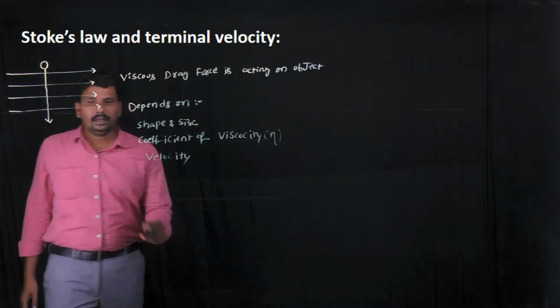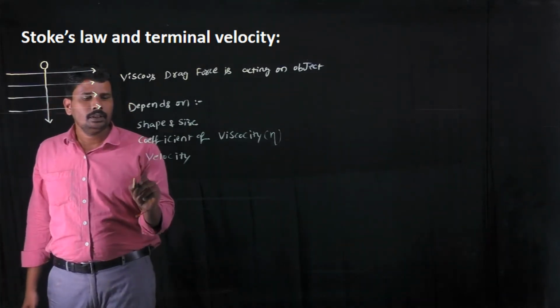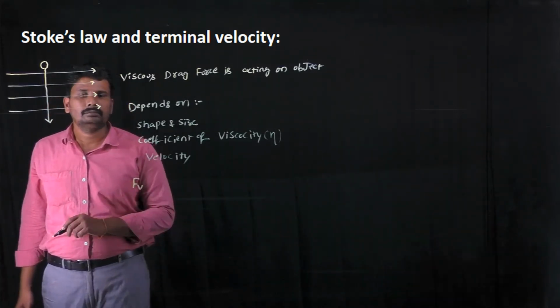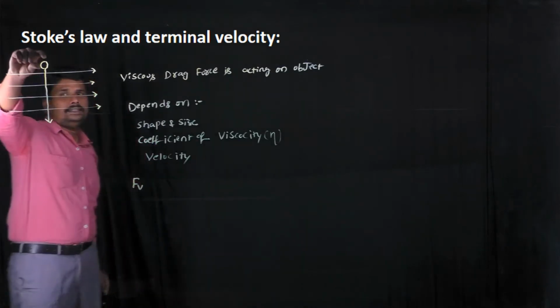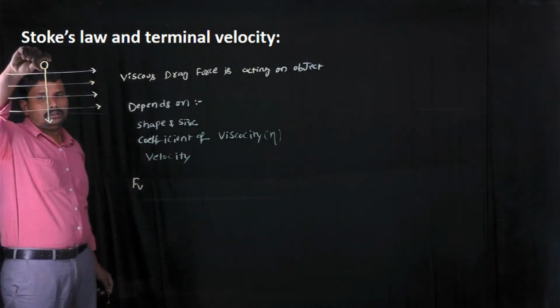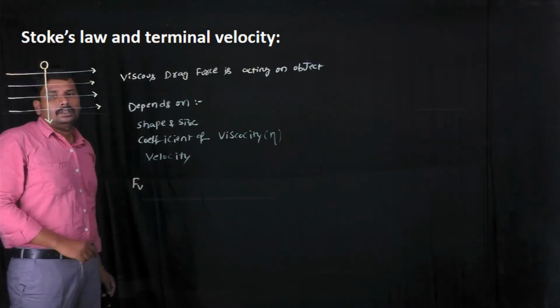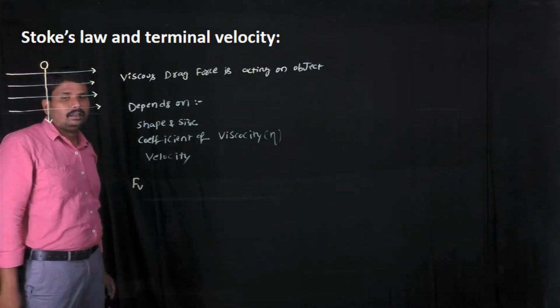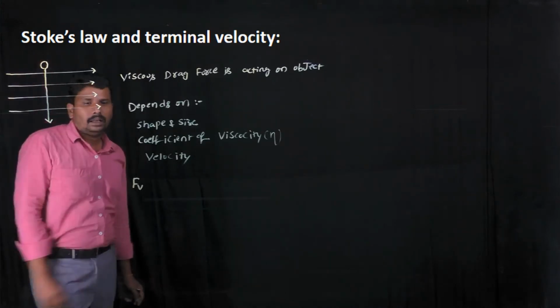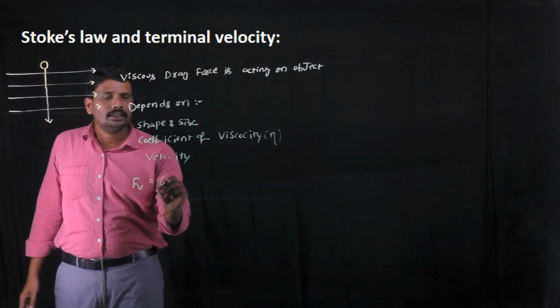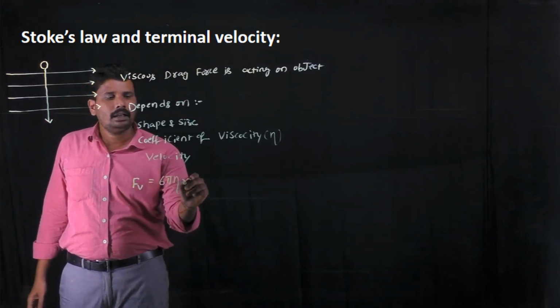Okay, according to Stokes, when a spherical object falls down through a fluid, the magnitude of the viscous force acting on that spherical object is given as 6 pi eta rv.